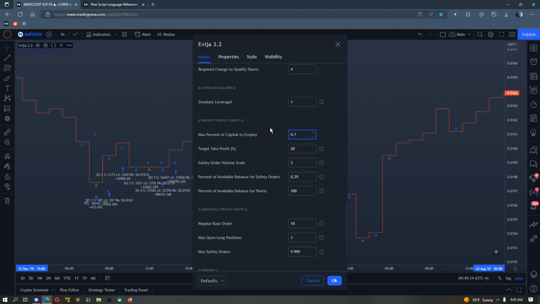And so you can play with this number. This area of the priority strategy inputs has massive impacts on your configs. It's basically the leading section here to play with. And so yeah, pretty sure those bugs are squashed. I just gotta get my info ticker for max percent of capital to employ. But yeah, that's how we're handling risk.